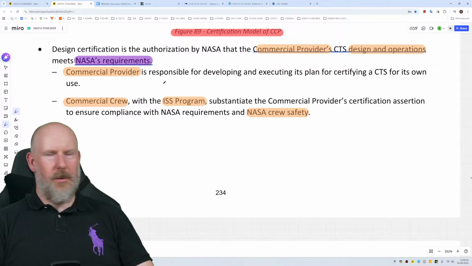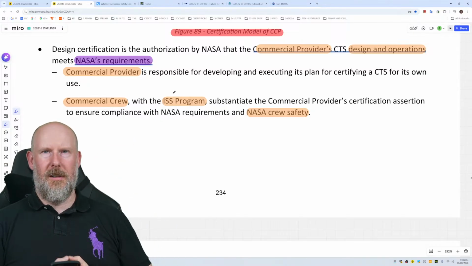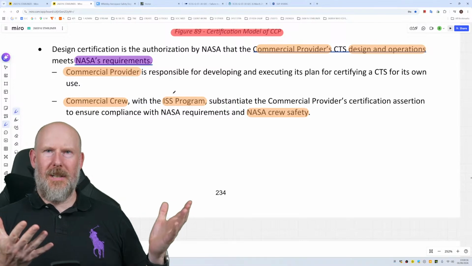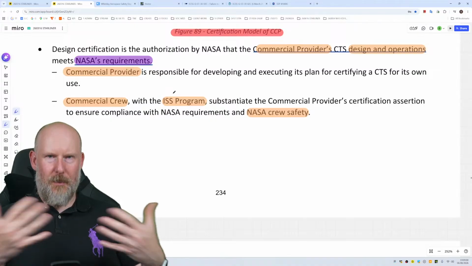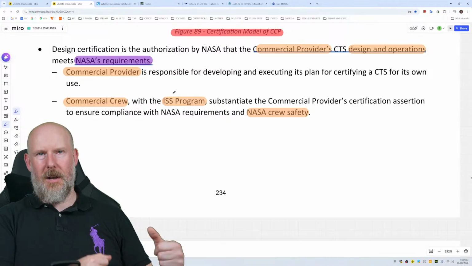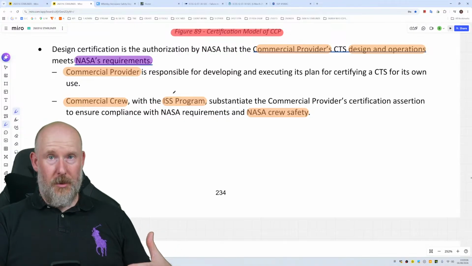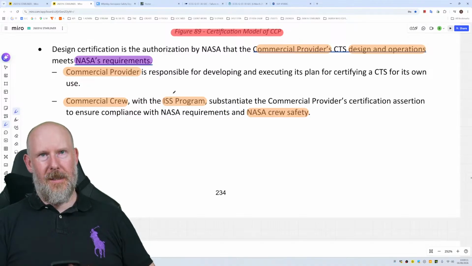Surely it should be up to the commercial provider to demonstrate that that's what they've done. Why should it be up to NASA to do that work? The commercial provider should come to you with, look, this is what we've done. These are the requirements we've derived. These are the requirements you've given us, and this is what we've done for them all.